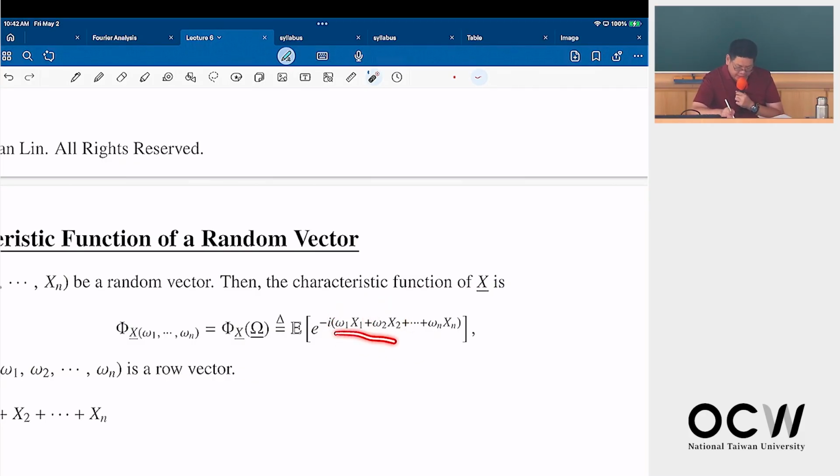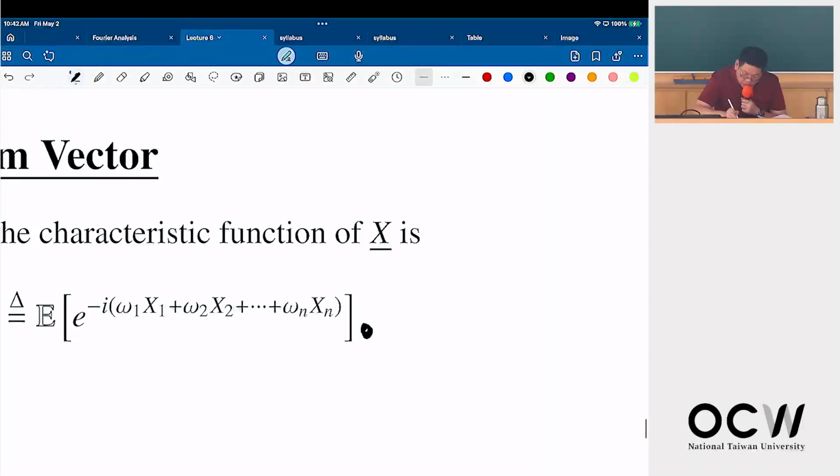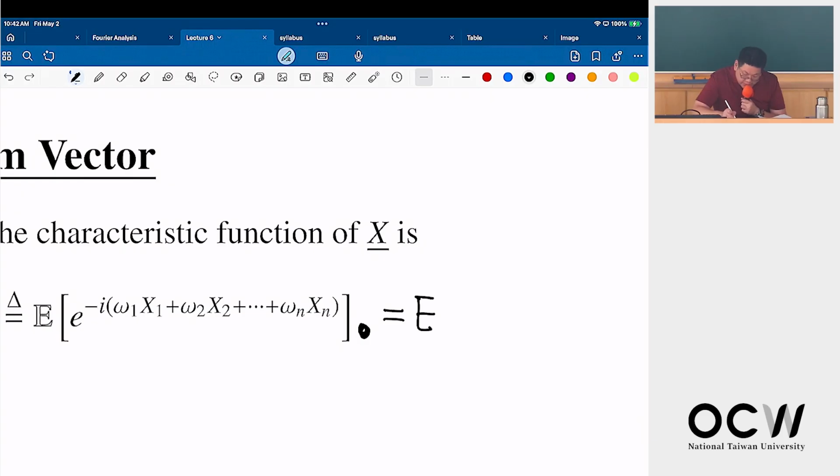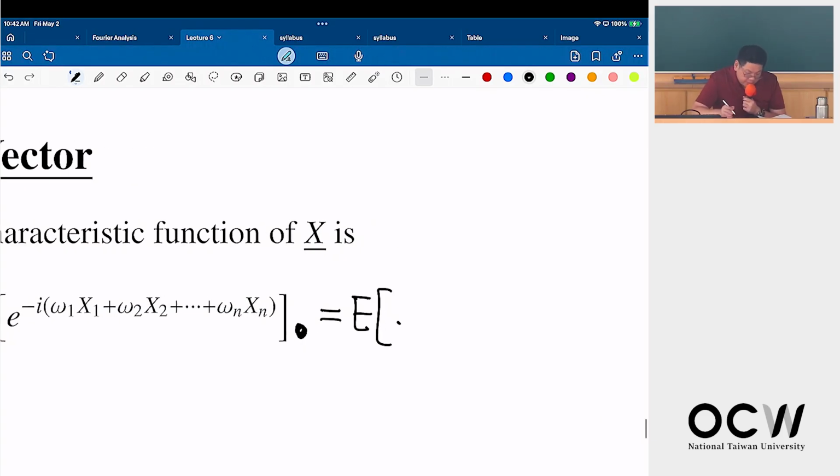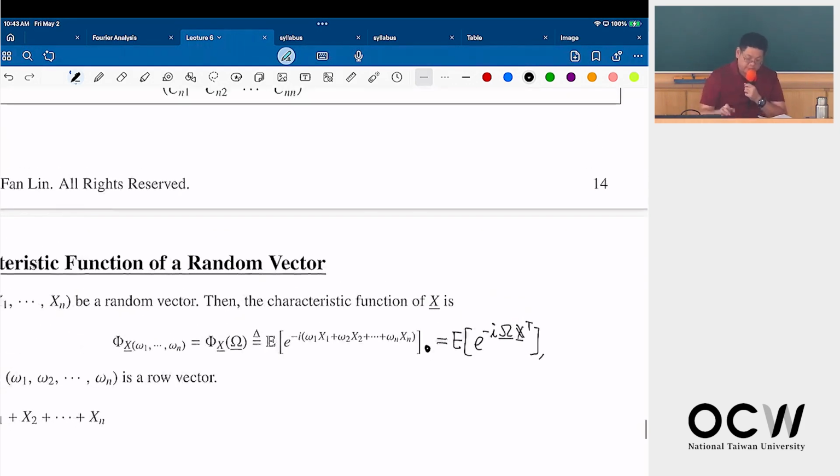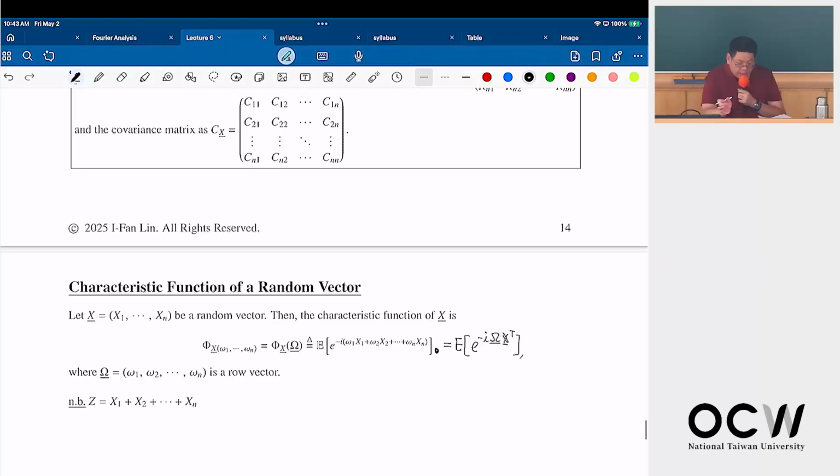This is a linear combination of your random variables, which I can also write as the expectation of exponential to the power minus i omega x transpose, where omega is a row vector.